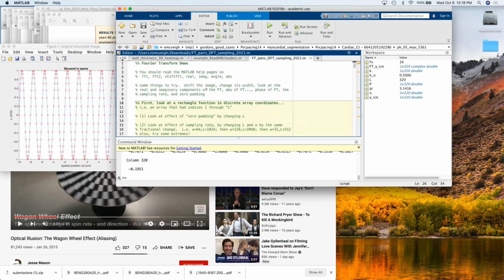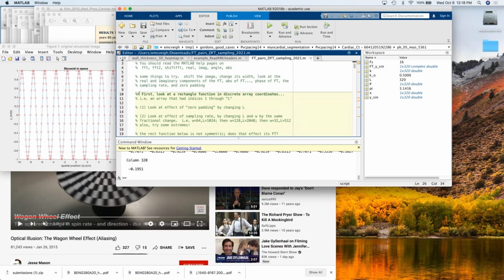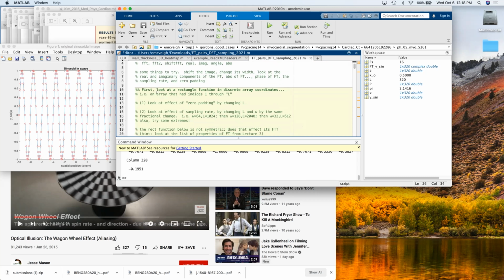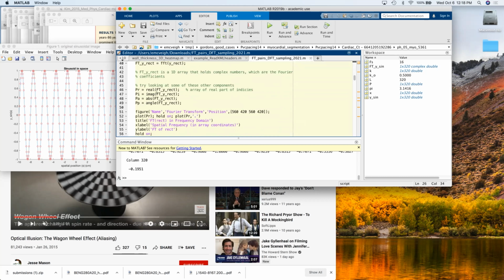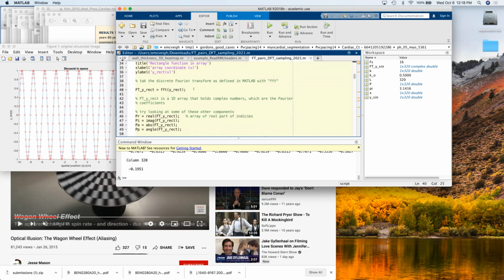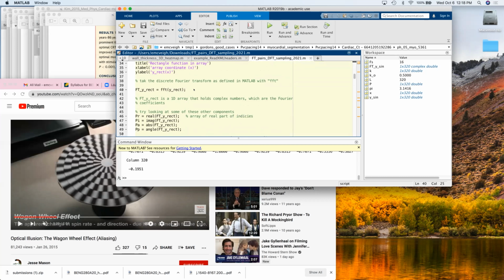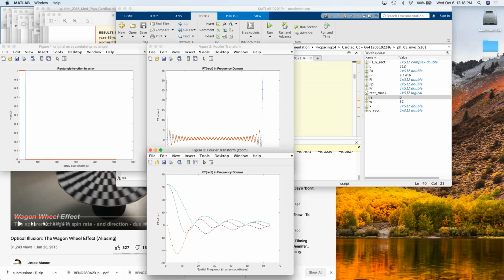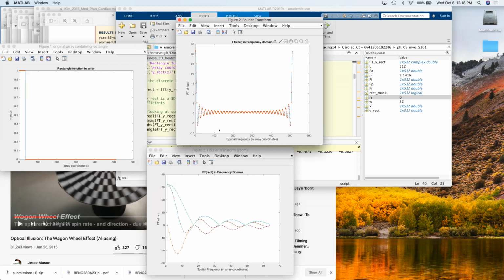The way I usually do these is you put a double percent sign there, and then when anything's highlighted like this in your MATLAB window, you can just press command return. I don't know what you're doing on a Windows computer, sorry. Command return, and it'll just run that. And so we can see what's happening there.